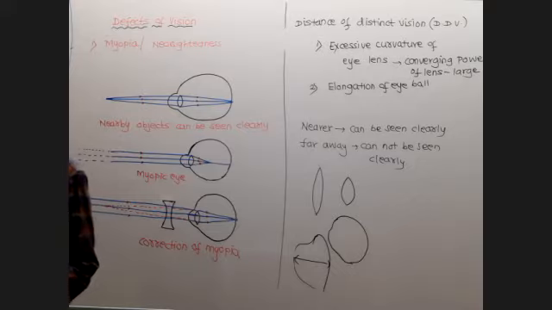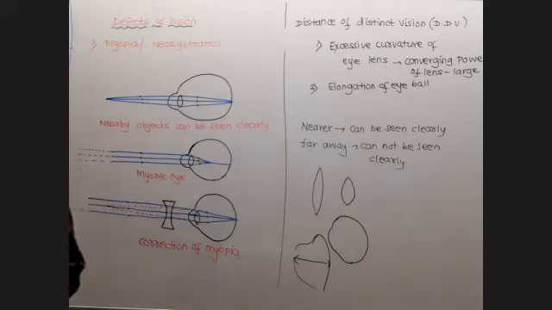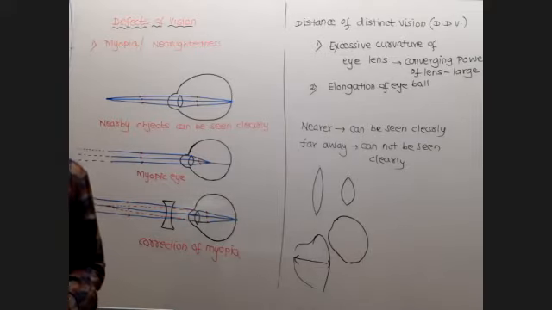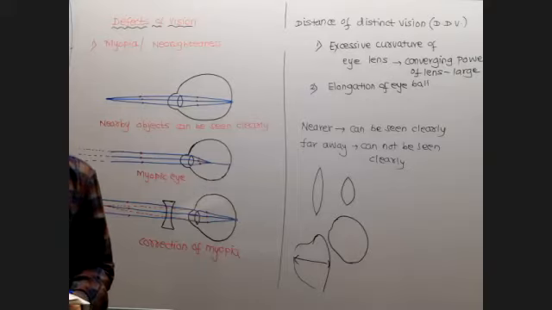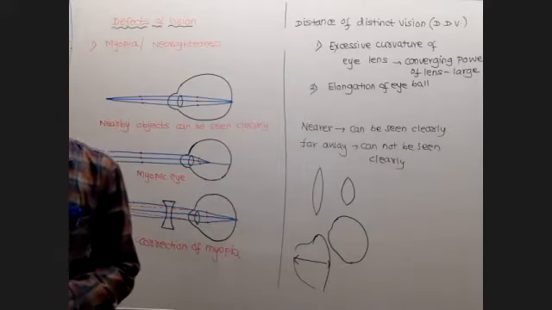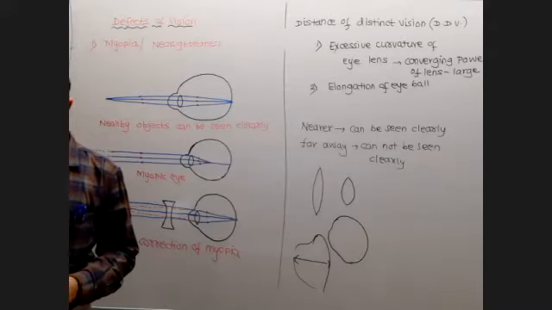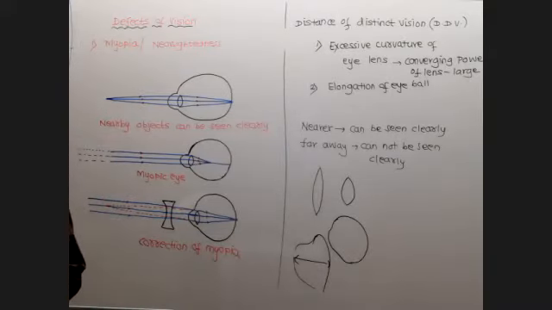Second point: in this defect, one can see nearby objects clearly, but is unable to see distant objects clearly.